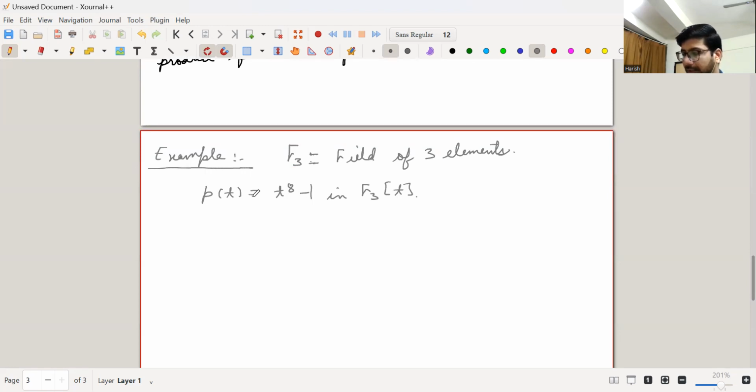Can you factorize t raised to 8 minus 1 in F3? Does it contain all roots in F3[t]? Anyone?